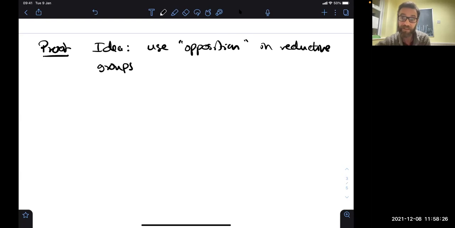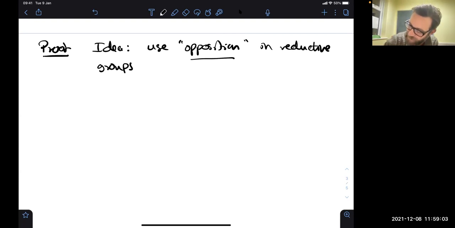That's giving me a positive system of roots, essentially. So everything I do up in that half of the reductive group, I can also mirror down in the negative half of the root system. That's something special about reductive groups, and it is going to allow me to have much more control than you'd expect. That's really the key idea, and that's why these cocharacters come in useful, because they allow you to write down opposite things without having to think about it.